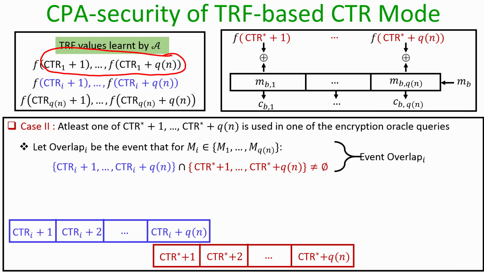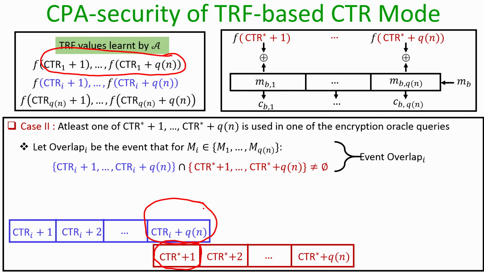So, there could be several ways in which the event overlap I could occur, right. This is one possible way in which there could be an overlap between the counter values used for encrypting the blocks of the message MI and the counter values which have been used to encrypt the blocks of the message MB. Namely, it could be possible that the last counter value used for encrypting the last block of the message MI is the same as the first counter value used to encrypt the first block of the challenge plain text.